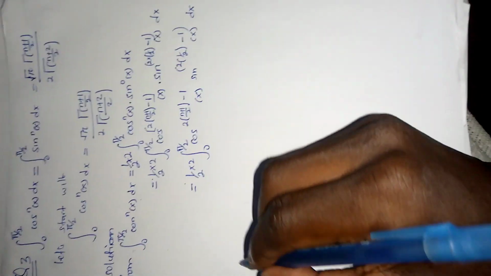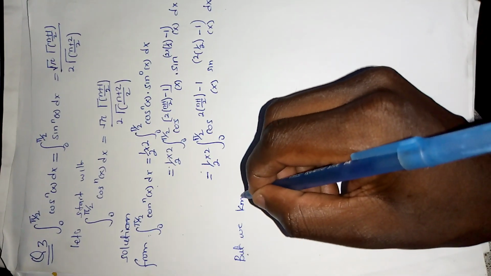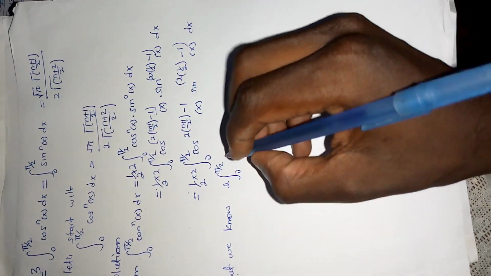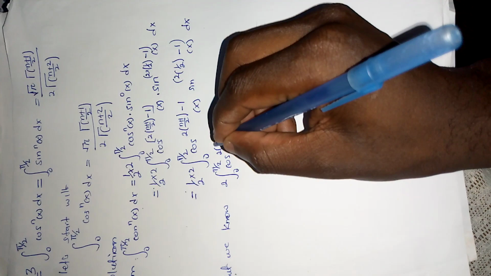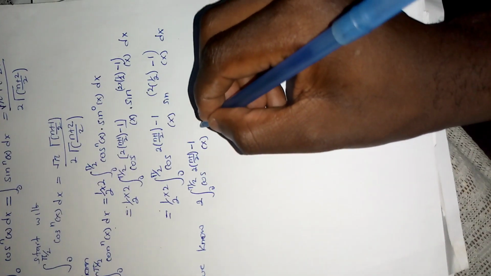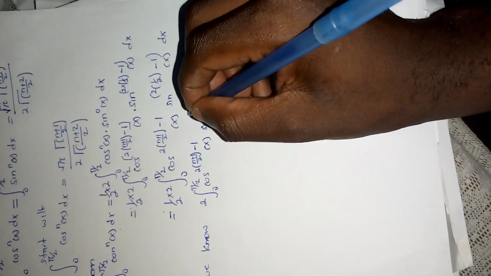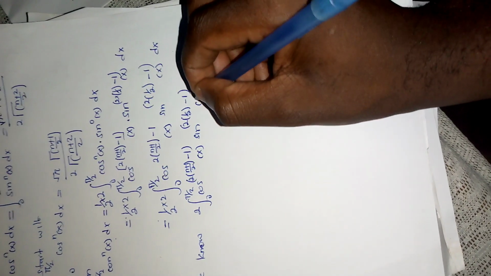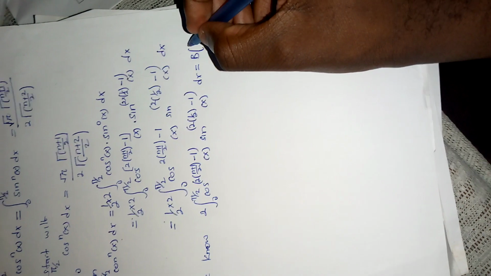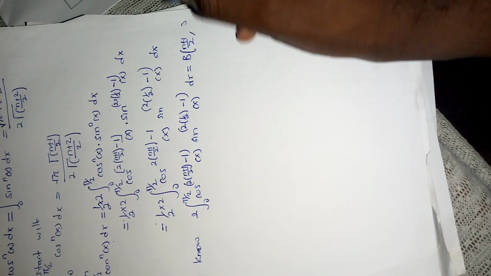But we know that 2 from 0 to pi by 2 of cos of 2 into (n plus 1) over 2 minus 1 of x, sine of 2 into a half minus 1 of x dx is the same as beta of (n plus 1) over 2 and a half.